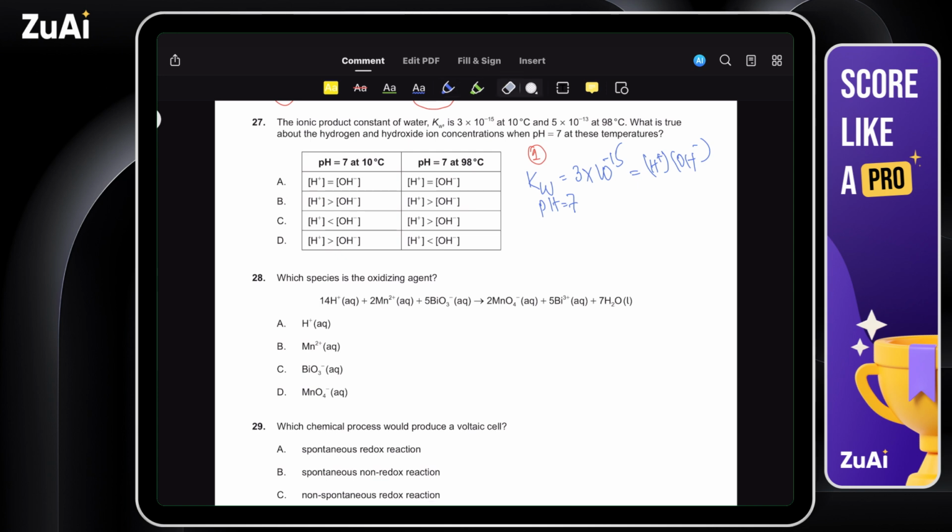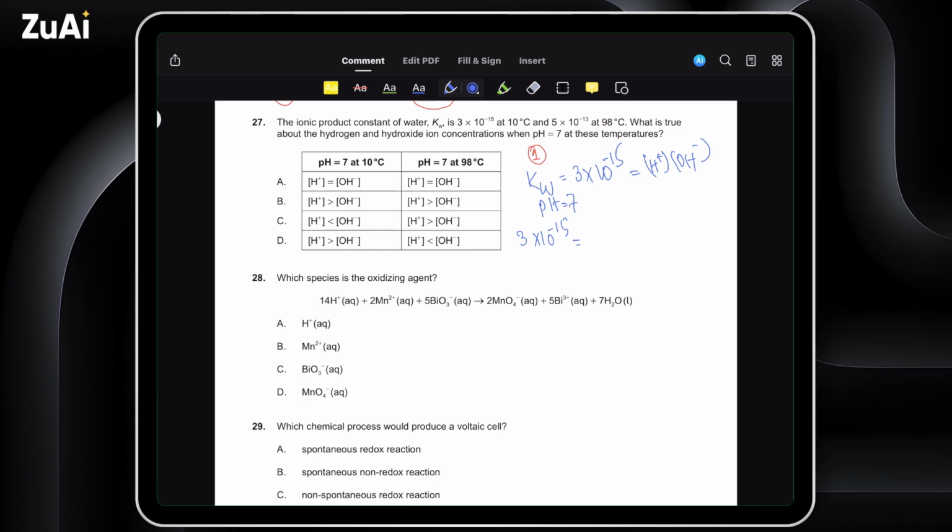So the Kw value is given, that is 3 into 10 to the power negative 15, is equal to hydrogen ion, which is 10 to the power negative 7, and the hydroxide ion concentration we have to find. After solving it, the hydroxide concentration would be 3 into 10 to the power negative 8.